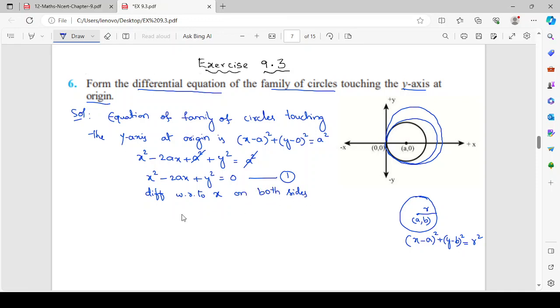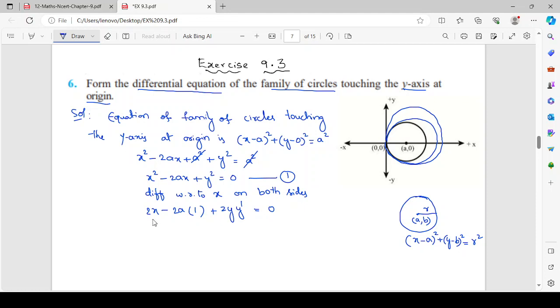First, the differentiation of x square is 2x, minus 2a, where a is a fixed constant and the differentiation of x is 1, plus y square differentiation is 2y into y dash. Be careful here: the differentiation of y square is 2y, and the inner function is y, whose differentiation is y dash, equal to 0.